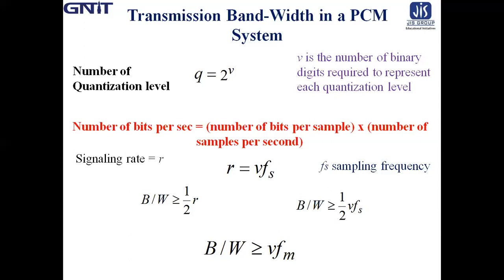Therefore, the number of quantization levels that may be represented by these V digits is Q, say Q is equal to 2 to the power V.